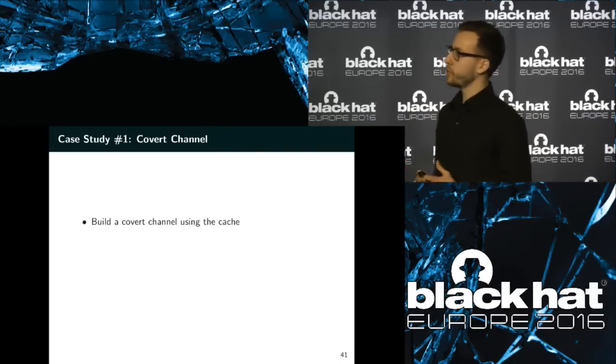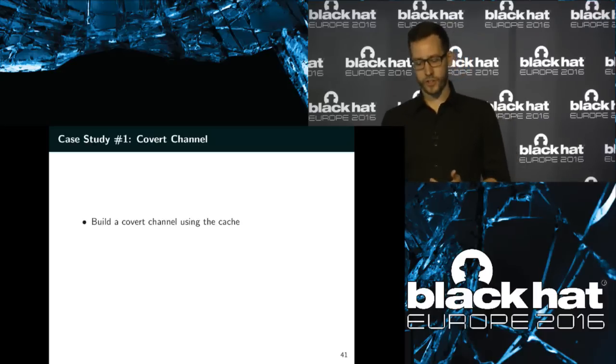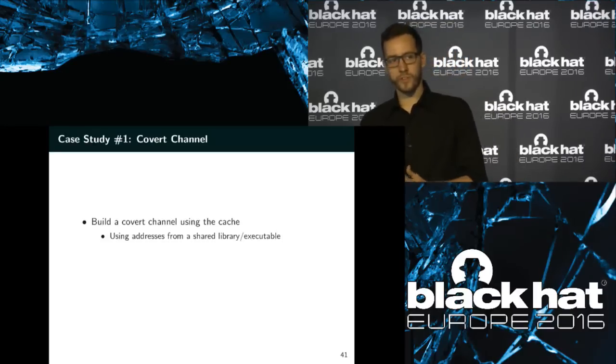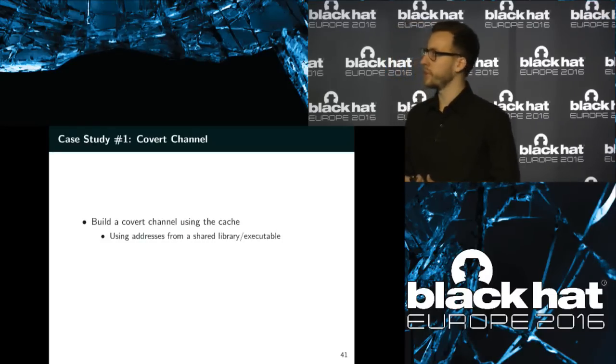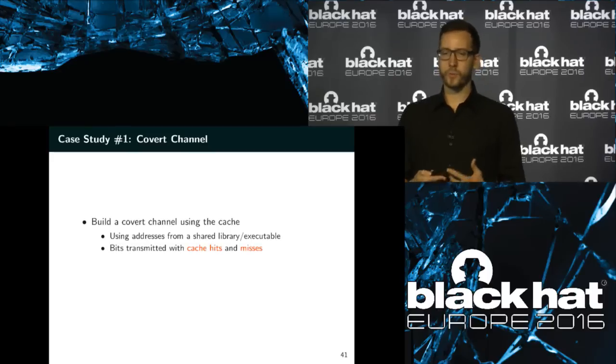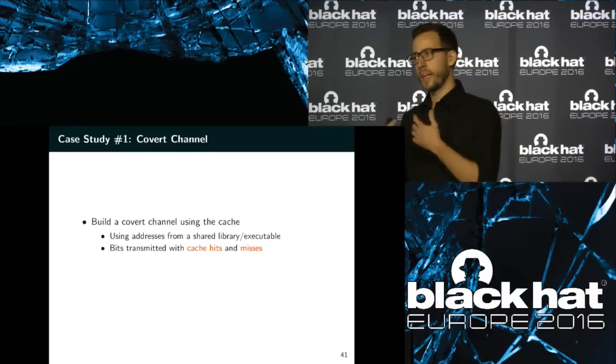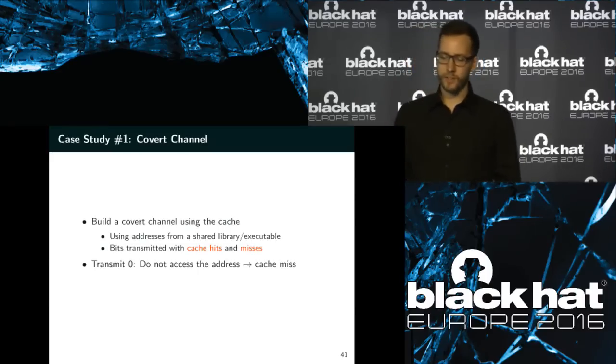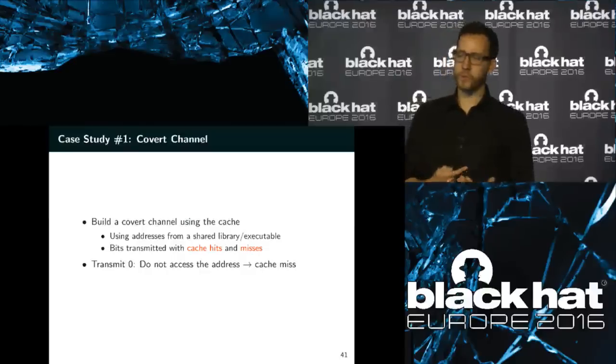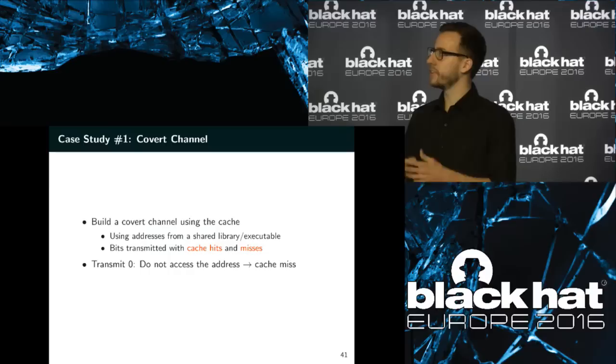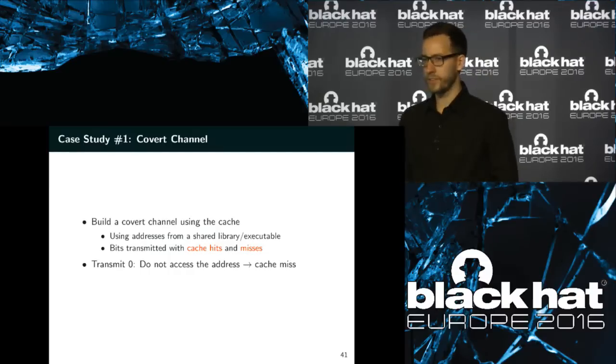And what we did was we built a covert channel using the cache. So we used addresses from shared memory, from a shared library or an executable, and we transmitted bits through cache hits and cache misses. So as an example, if you want to transmit a 0, the sender does not access the address, and so the receiver will measure a cache miss.